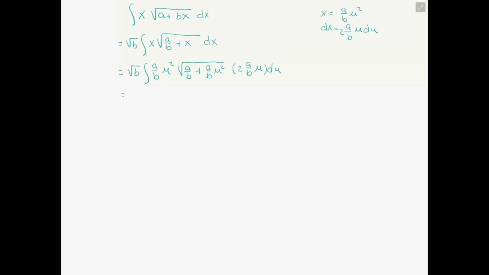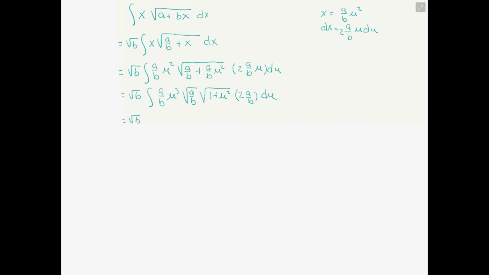So now we get rid of all the a's and b's. So we got square root of b. We have a on b u squared. We have the square root of a on b. We pulled that out, and we got 1 plus u squared. We have 2 a on b, and we make that u cubed and du.